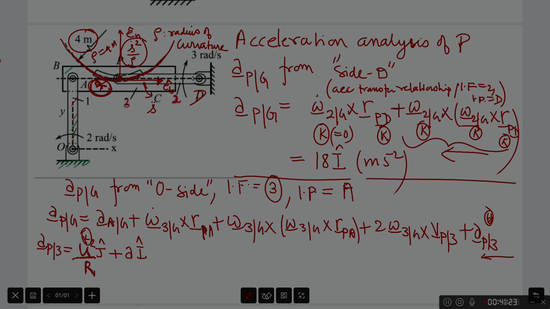The other part of AP3 is along et here, and that part I don't know yet. I know the direction, it has got to be along i hat, but the scalar part is an unknown, and I keep it like that. I put a placeholder, an unknown there. So one part of AP3 is known, another part is unknown. I still keep this as an unknown and move on.